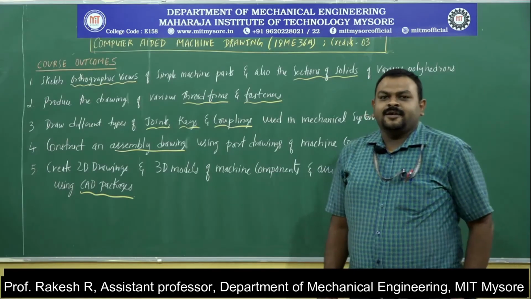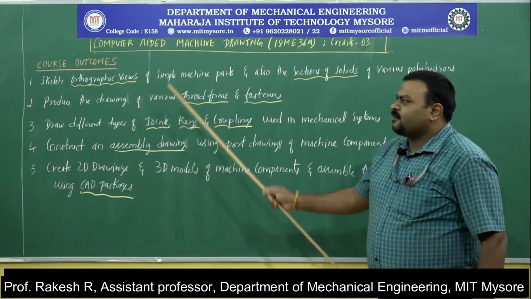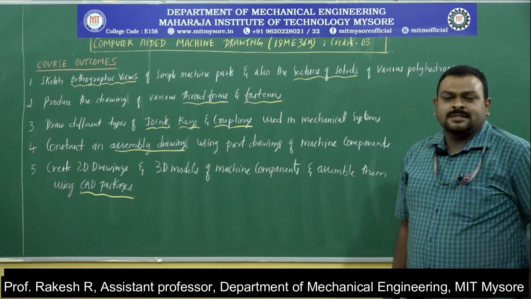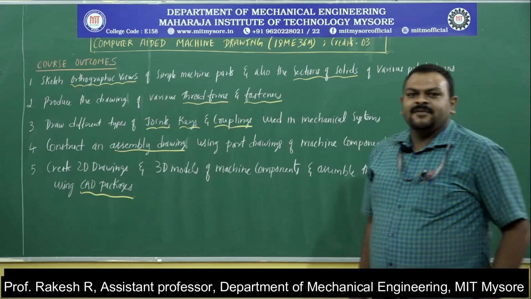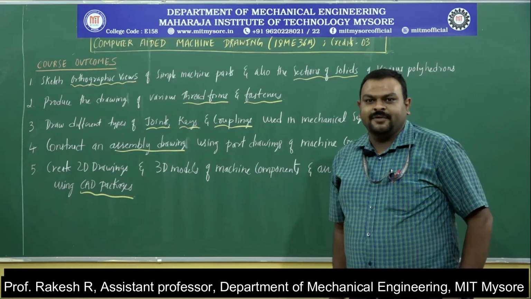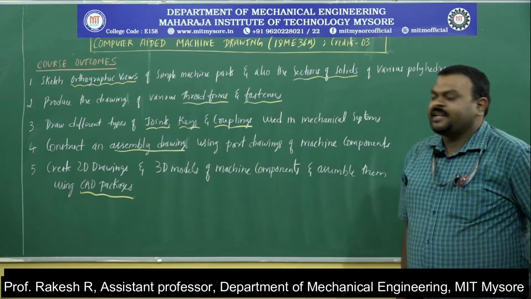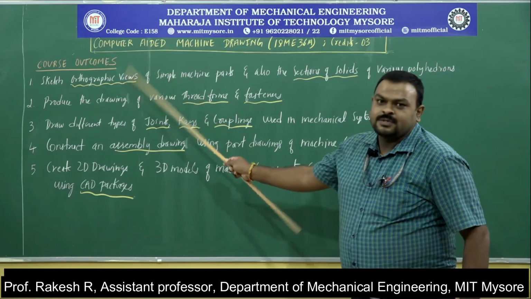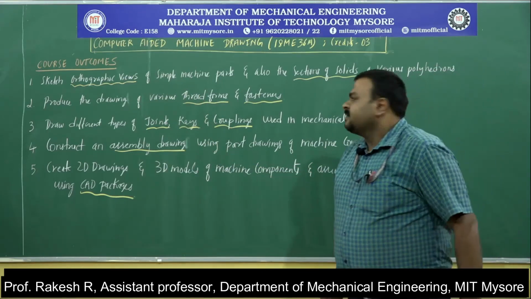Let us see what the course outcomes are in computer-aided machine drawing. The first course outcome is you will be sketching orthographic views. Again, there are 3 principal views: front view, top view and side view. It can be left side view or right side view. For the given 3D drawing, you will be writing orthographic views of simple machine components with section and without section.